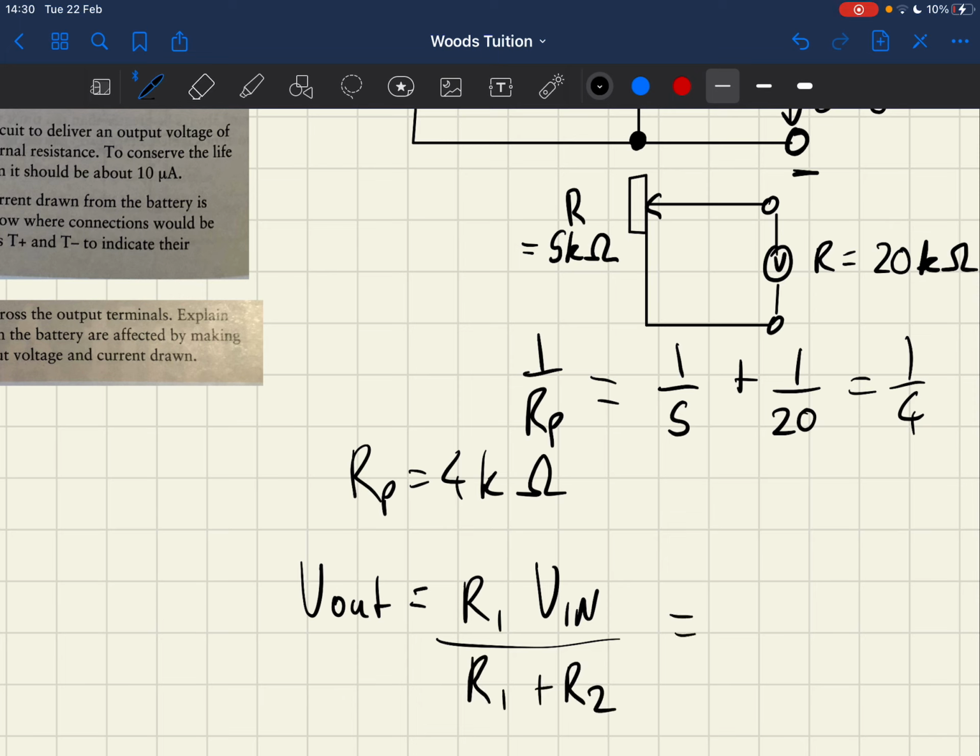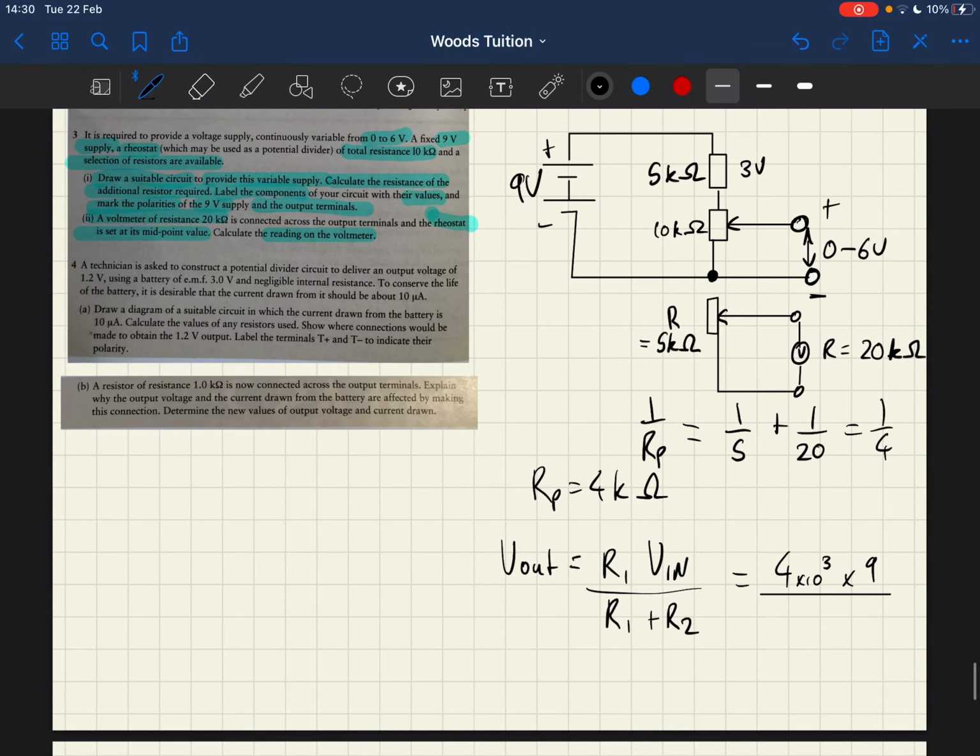R_P is our R1 in this case, so it's going to be equal to 4 kilo-ohms, which is times 10 to the 3, times 9 over 4 kilo-ohms plus 5 kilo-ohms, which is 9 kilo-ohms times 10 to the 3. So we're going to have 4 over 9 times 9, which is going to be equal to 4 volts. I think.